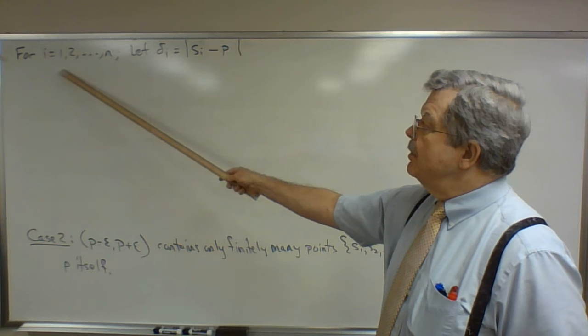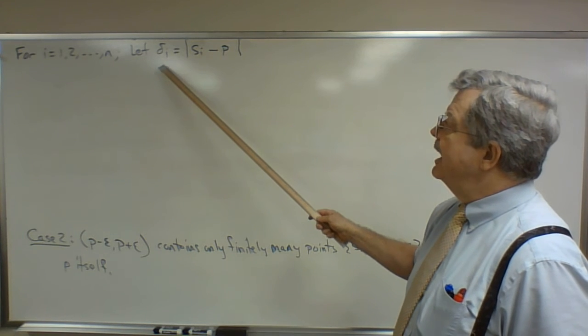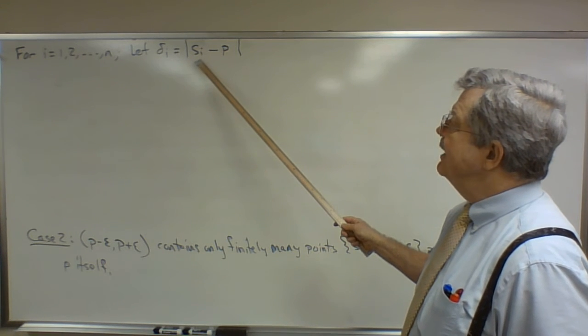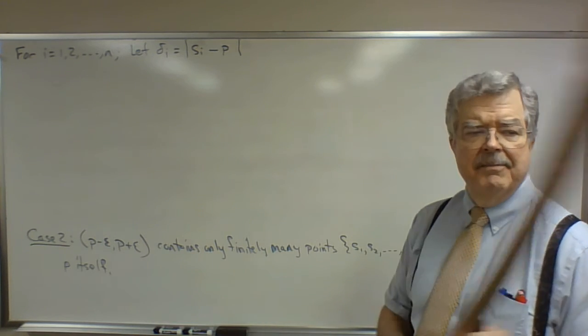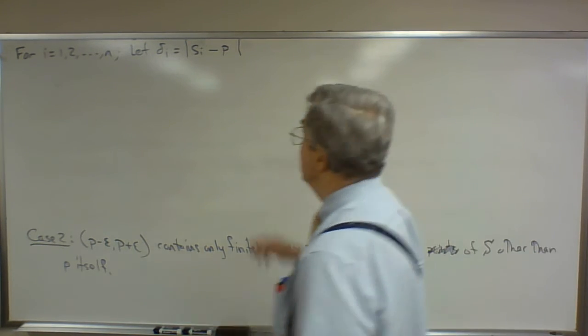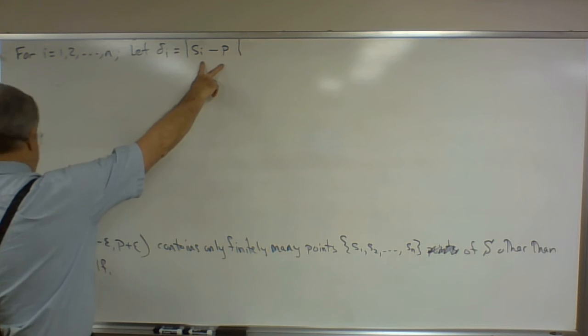So for i equal 1 to n, we let delta sub i be the absolute value of S sub i minus P. Now, what is this thing actually?